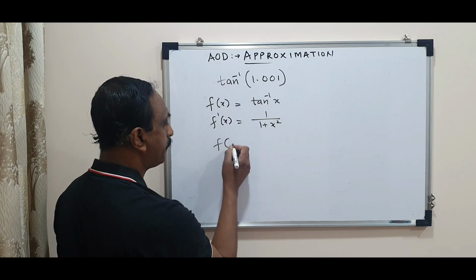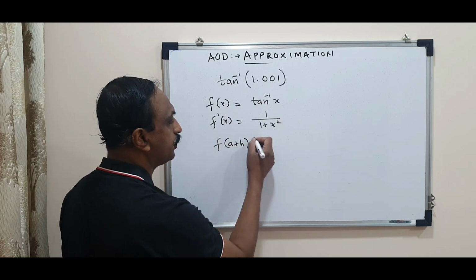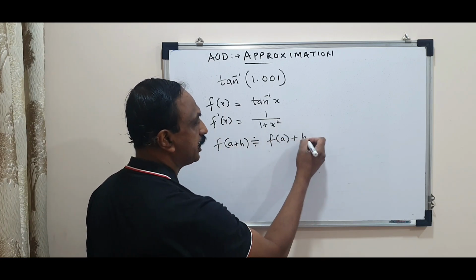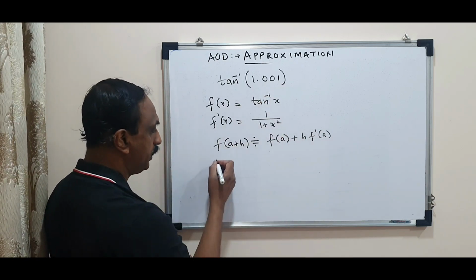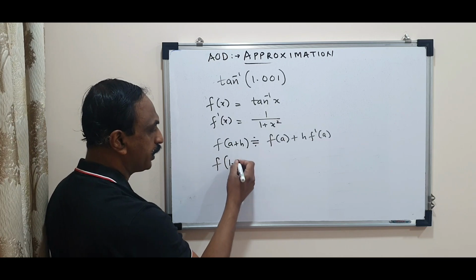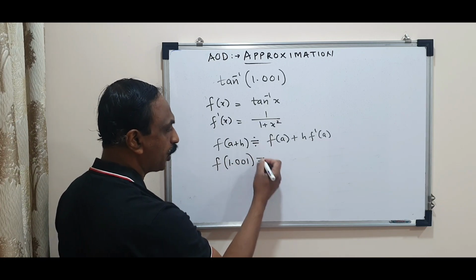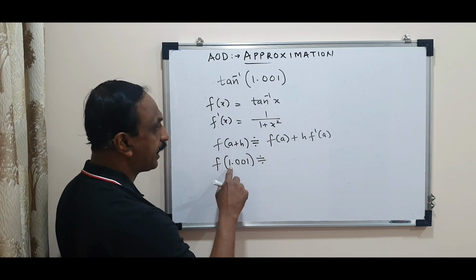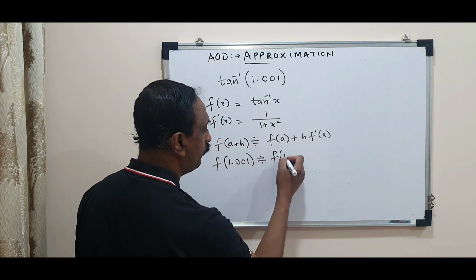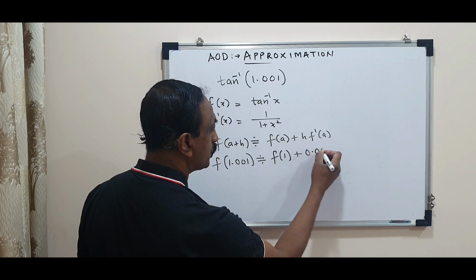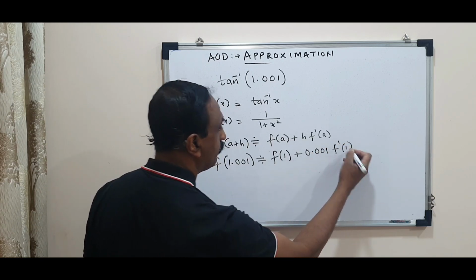Now f of a plus h is approximately equal to f of a plus h into f dash of a. So your number is 1.001. So f of 1.001 is approximately equal to, we will take f of 1, since tan inverse of 1 can be easily calculated. So f of 1 plus 0.001 into f dash of 1.